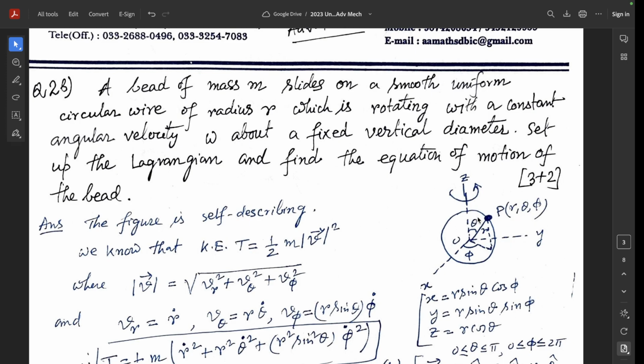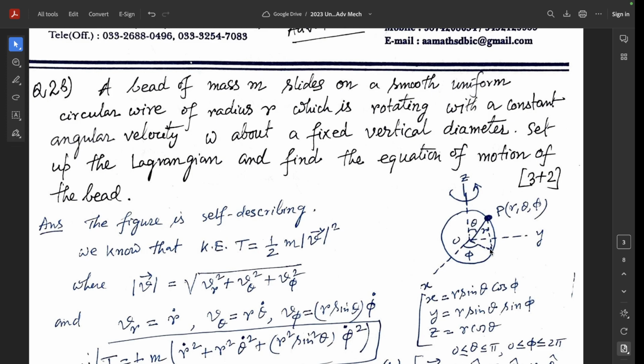This is the bead P at any time t with coordinates r, theta, phi. These are the spherical polar coordinates. This angle is theta with the z-axis, and this angle is phi.